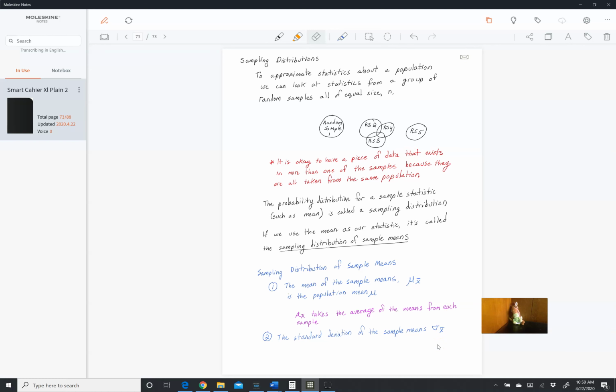It's equal to the standard deviation of the population divided by the square root of the sample size.